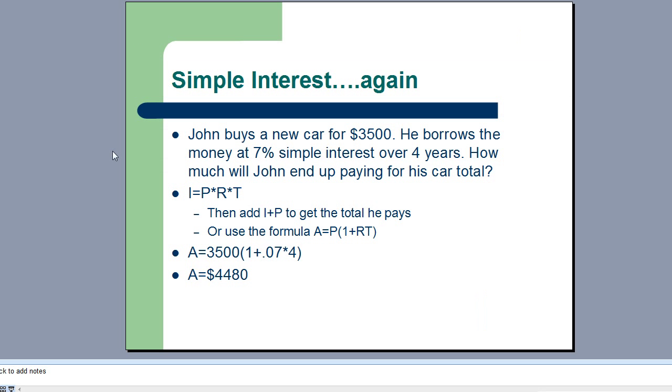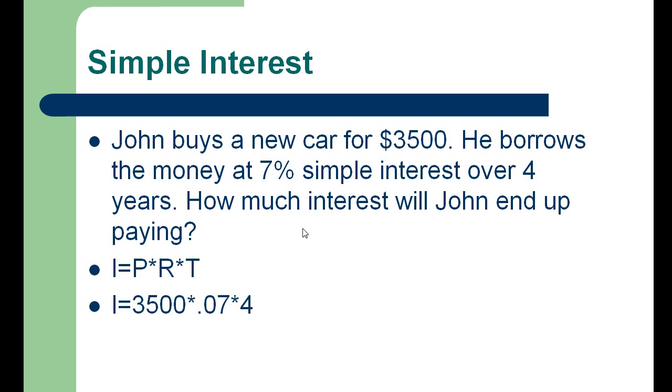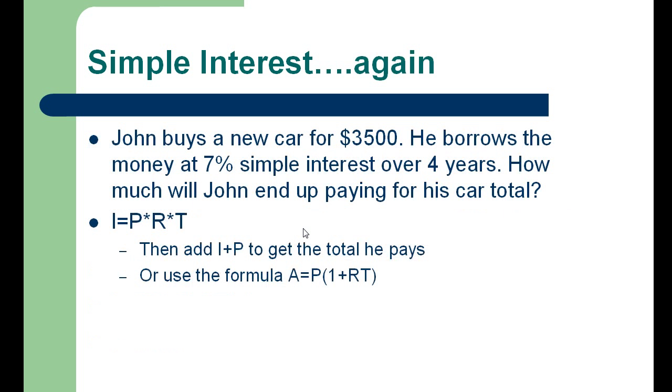And if you did this method up here, P times R times T, then took whatever I was and added it back to P, you'd get the same answer, which should be 4,480.